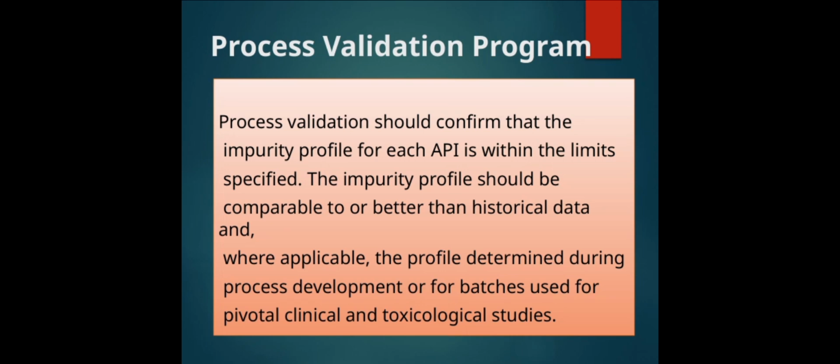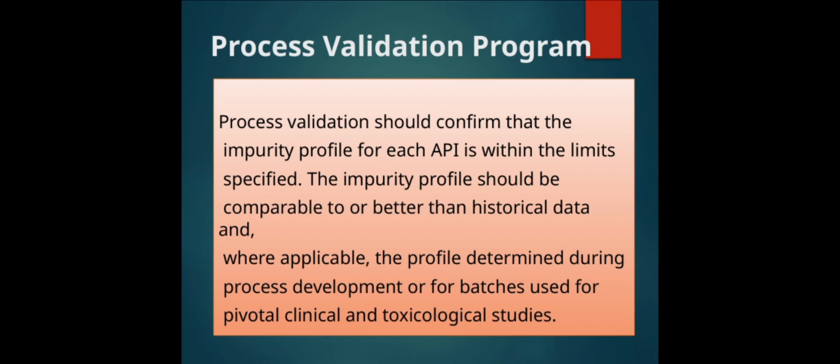Let's talk about the process validation program. The main goal here is to confirm that the impurity profile for each active pharmaceutical ingredient, or API, stays within the predefined limits. This means we need to ensure that the impurities are controlled and consistent. It's crucial that the impurity profile is comparable to, or even better than, the historical data we have. This helps us verify that our process remains reliable over time.